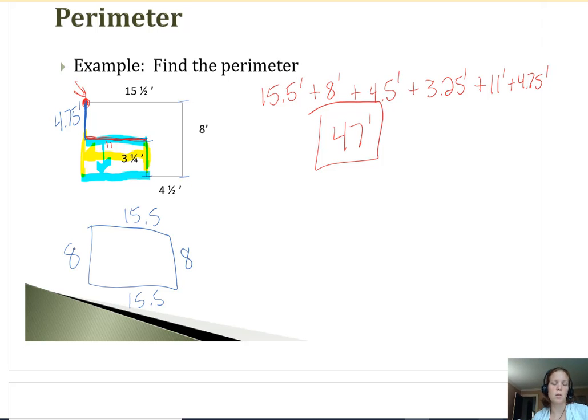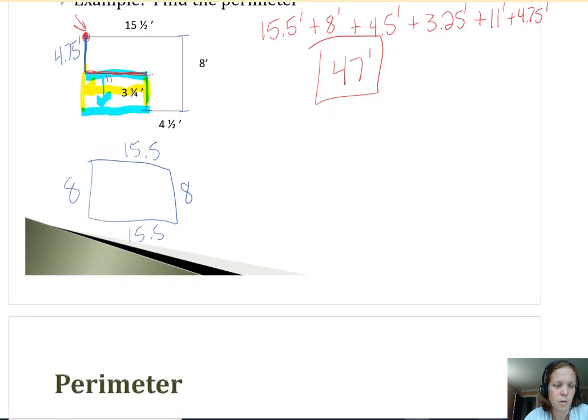So if you just push those sides out. Now it doesn't work out this way if we do something with the area of this, but for perimeter, it's a little shortcut if it works out the way the shape is. Doesn't always work, but for this one it would, because it would just push down that 11, push over that 3¼ and it'll just be the same as a rectangle calculation. But to be safe, I would just add up the sides. Find the missing sides, add them up.